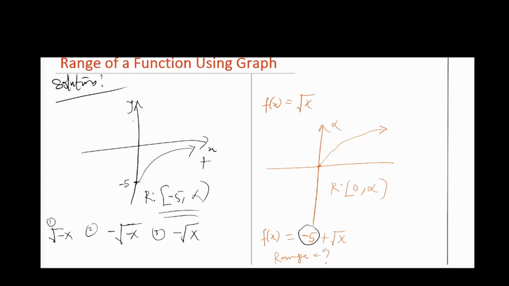So the first one is root minus x, the second one is minus root minus x, and the third one is minus root x. So try your hands on these ones and leave your answers in the comment section.